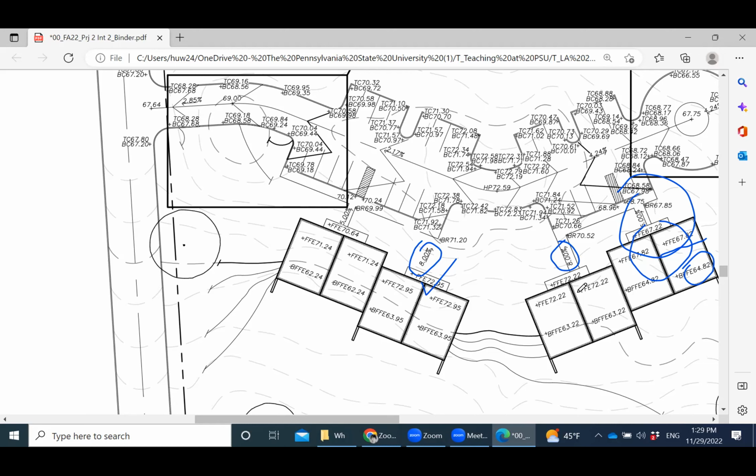I think there is an error in your calculation. It might be missing the curve or some other reasons, but I would think the 72.95 is a reasonable elevation for the second one.